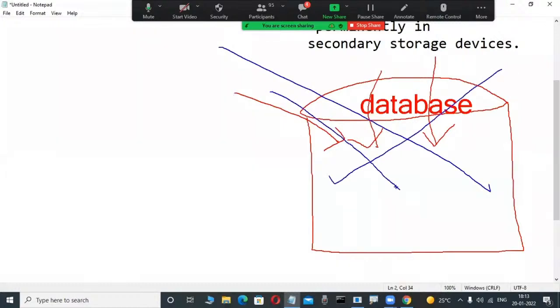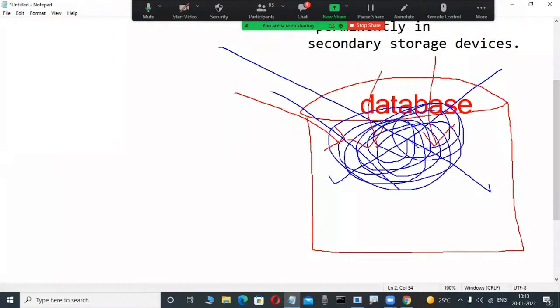Actually, Oracle, SQL Server, DB2, Sybase, Informix, Ingres, Teradata, these databases do not store a random collection of data.